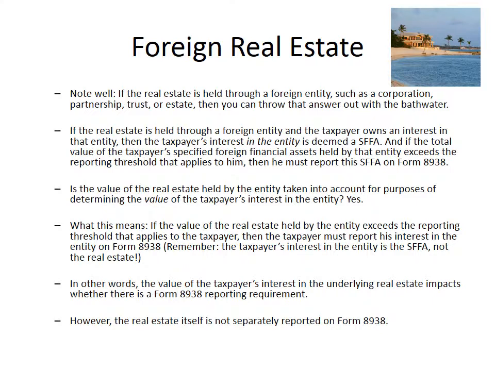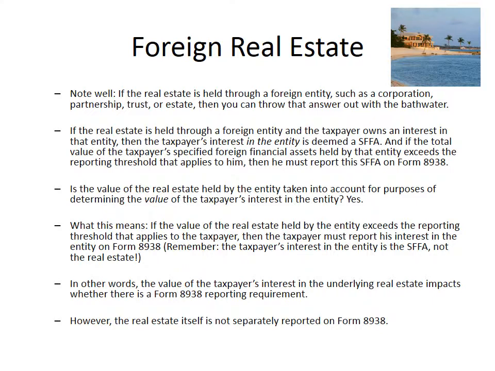So while the real estate itself need not be reported on Form 8938, it's relevant for purposes of valuation. If the fair market value of the real estate held by ABC exceeds that reporting threshold that applies to John, then very simply, John has to report his interest in the foreign entity, ABC.